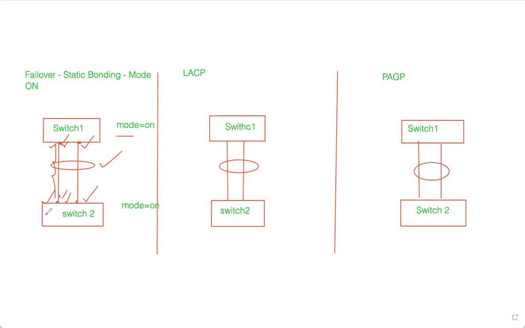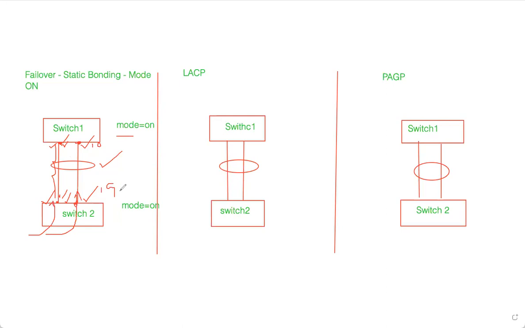For example, let's say this link speed is 1 gigabit per second and this link's speed is 10 gig. Even though you have a 10 gig link, because of this 1 gig link, these two don't negotiate and it still forms the bond, and the traffic goes via this link and via this link.